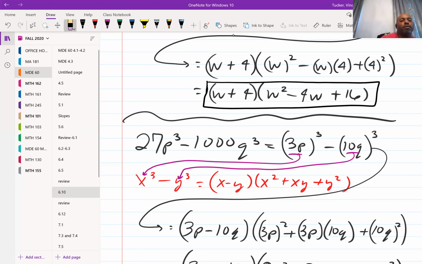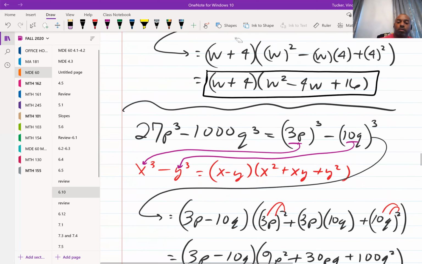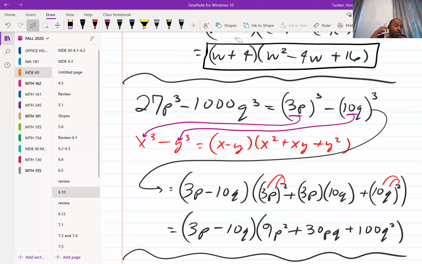All right, so now simplifying, we want to make sure we're careful. A lot of times people will mess this up right here, these two pieces. When you have that 3p being squared, you have to square the 3 and the p. Same thing with a 10q, square the 10 and the q. So when you simplify that, the 3p minus 10q stays the same. That's what you would have done with that. But then 3p squared is 9p squared. 3p times 10q, 30pq.